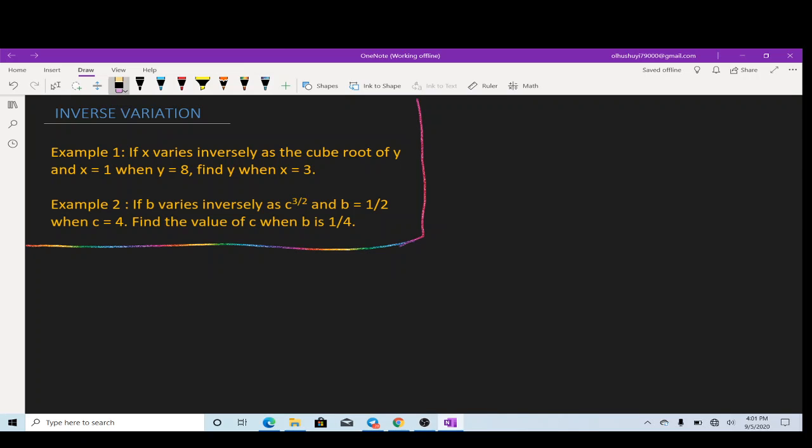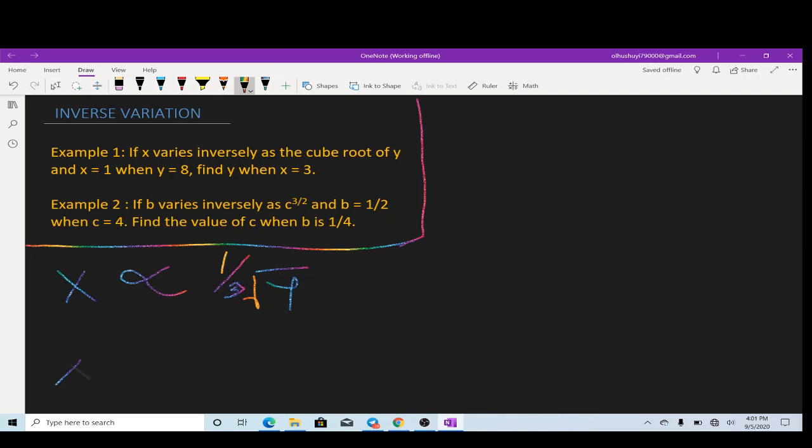Let's solve example 1. If x varies inversely as the cube root of y, how do you write that?